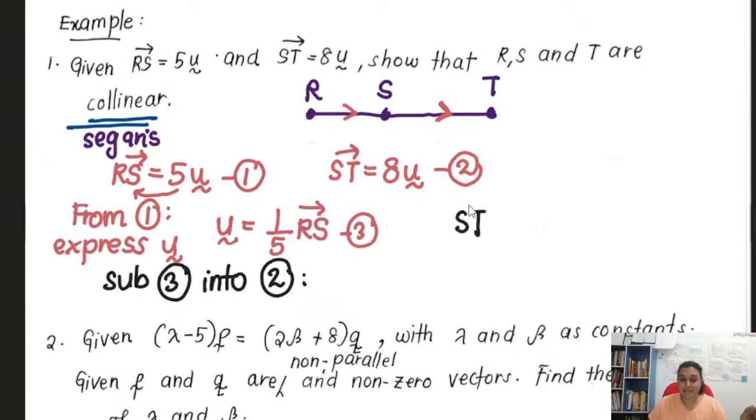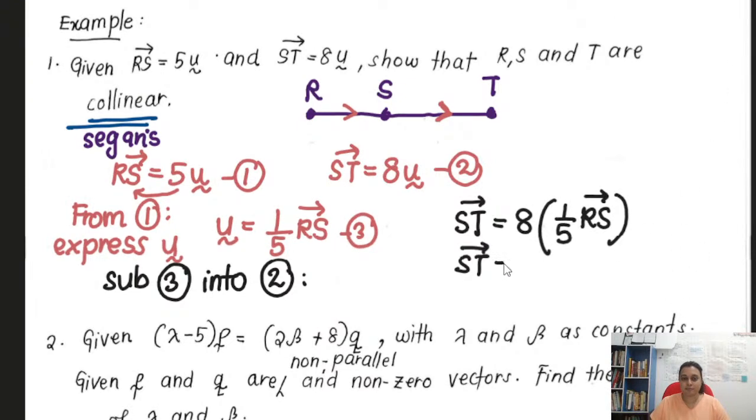So ST, what do we get? 8 times U. Vector U tadi ialah 1 over 5. So you ganti first inside like that. Then you darab, you times, you get 8 over 5 RS. Now you just check, does it follow? Adakah dia follow dengan format yang selari? Is it following the parallel format?